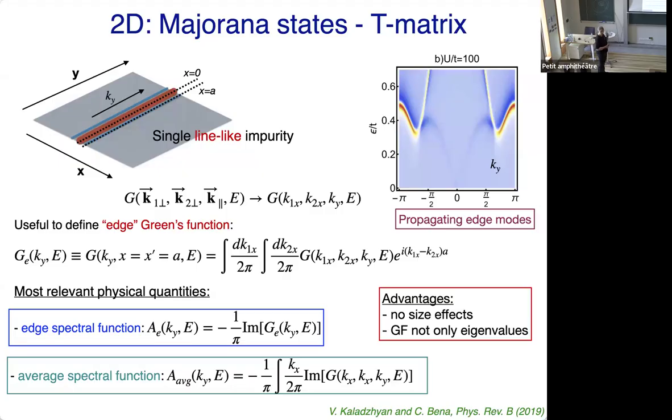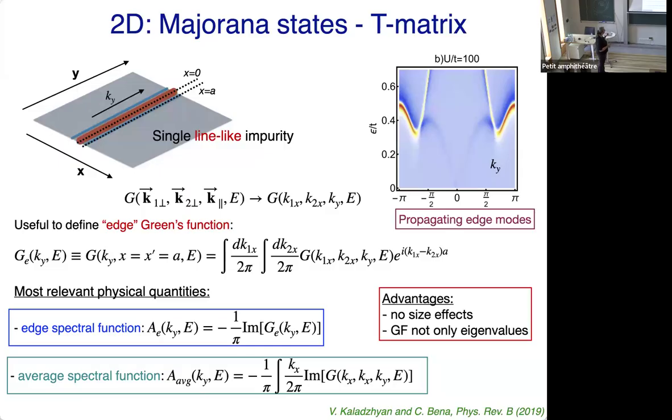Then we do a trick to get the actual physics of the edge modes. We take a double Fourier transform with respect to the x direction. So we integrate over k1x, k2x with the corresponding phase factors, and we focus on x equal x prime equal a. So we are just at one lattice spacing away from the impurity.